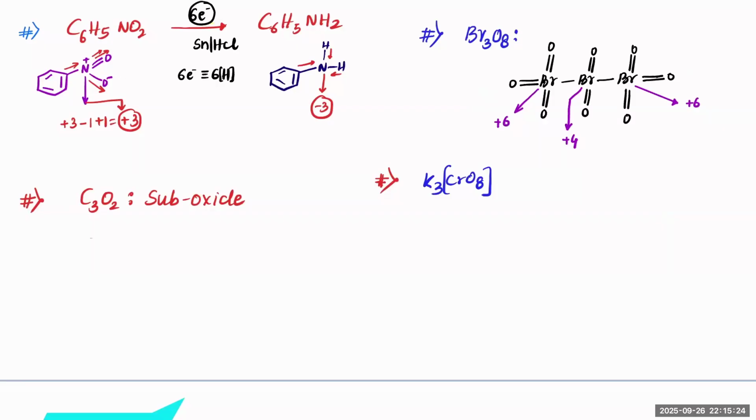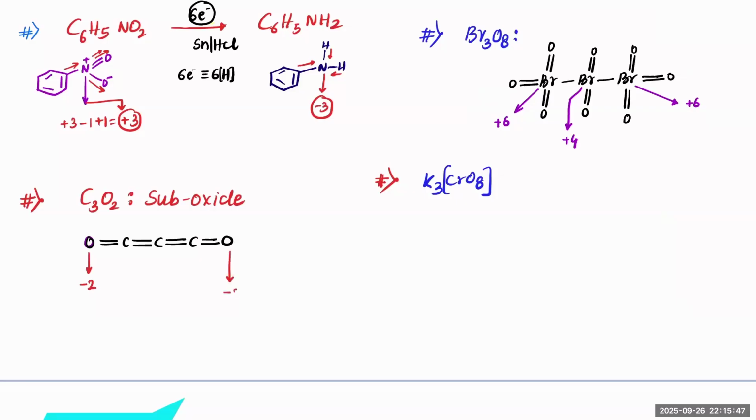Next, carbon suboxide. Suboxide structure is like this, where we have oxygen connected to carbon, connected to carbon, connected to carbon, which is eventually connected to oxygen. This is called suboxide. In suboxide, you know that based on the electronegativity, this oxygen will have -2.